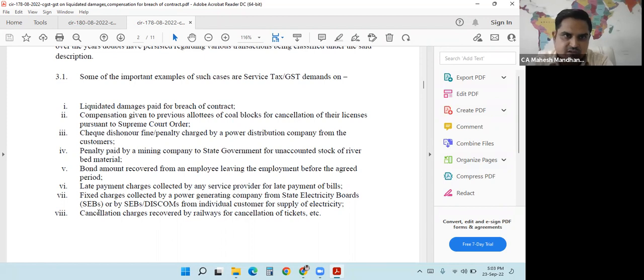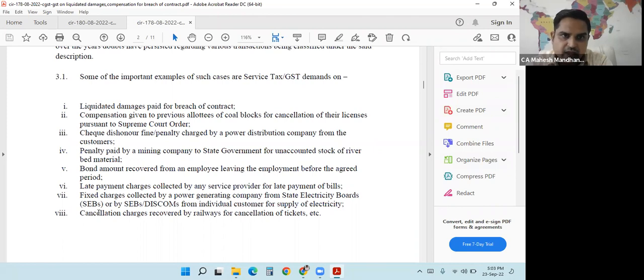There is no supply of service by the party which is getting the damages to the party which is committing the breach of the contract. There is no supply of service because such conditions are laid down in the contract not to motivate any party to commit the breach of the contract, but to ensure performance of the contract as agreed between the parties.